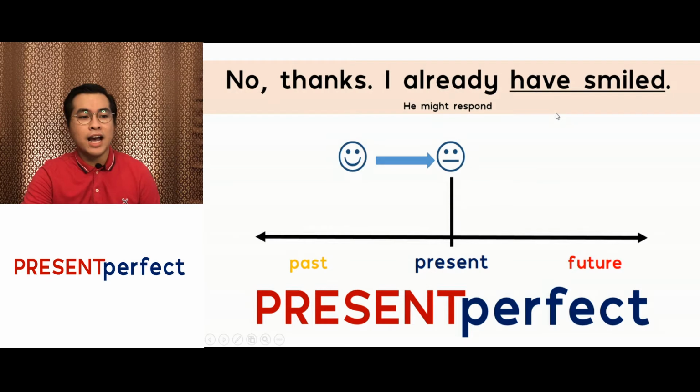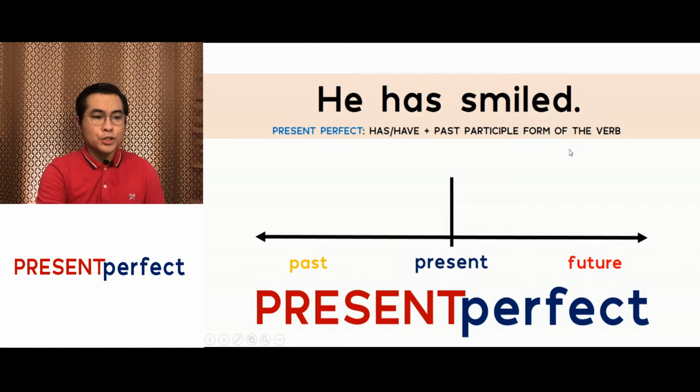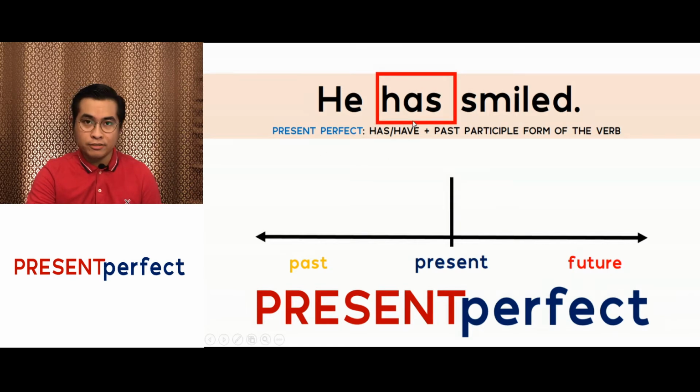So again, for I, you use have, but for other regular subjects like he, or a single name, you should use has. So again, the formula for the present perfect is has or have. Has for singular, except for I, and have for plural, including I.